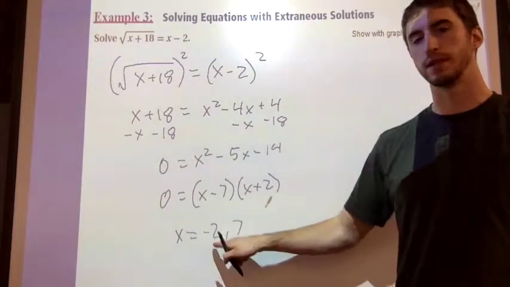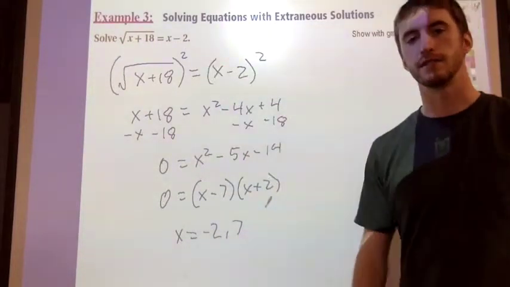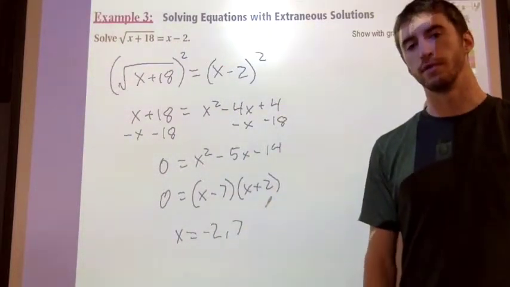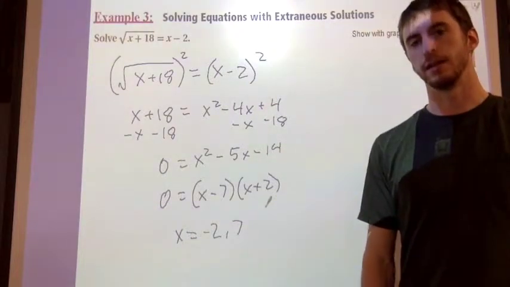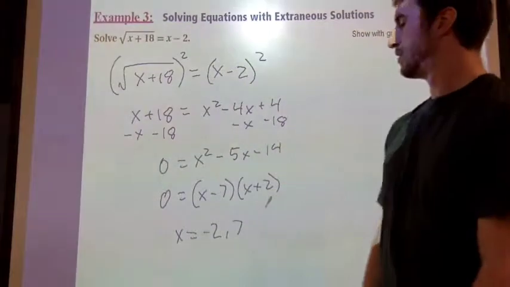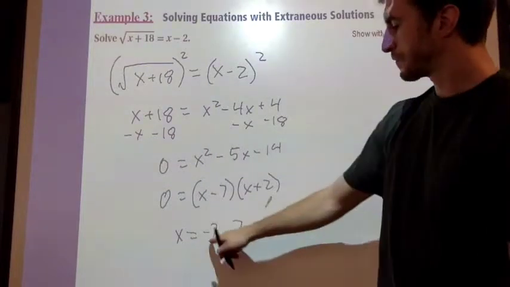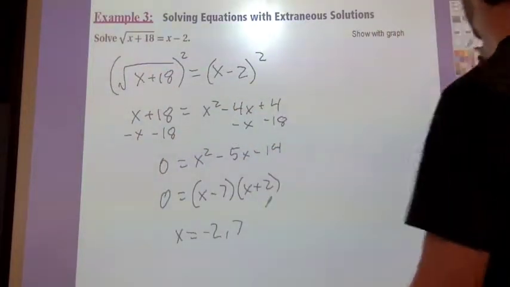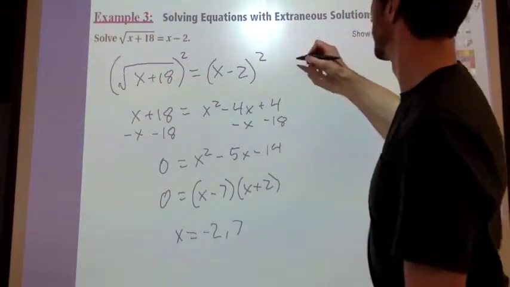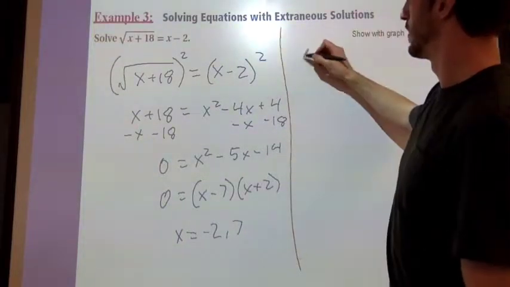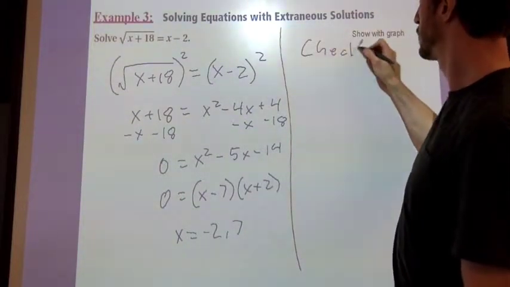Now, what I want to do is plug these back in and check to see if one or both of them are extraneous. And we already know that one of them is. So let's see which one that is. First of all, I'm going to plug negative 2 back into my original equation. So over here, this is where I'm checking.